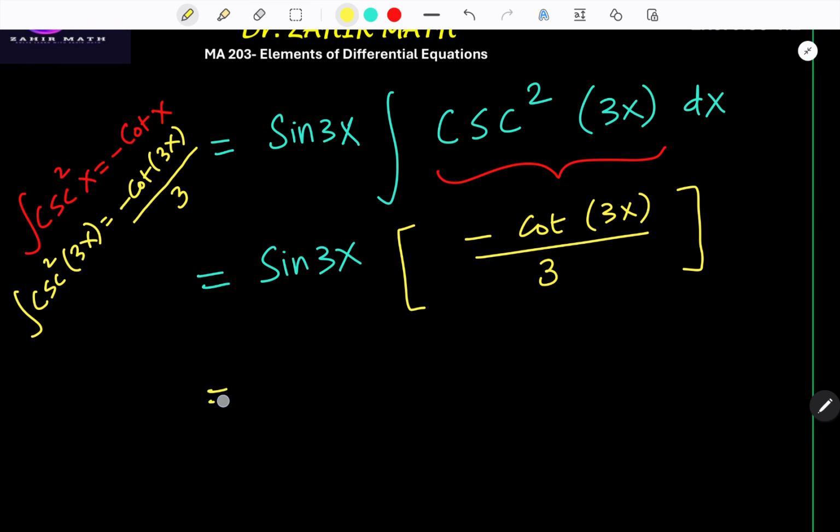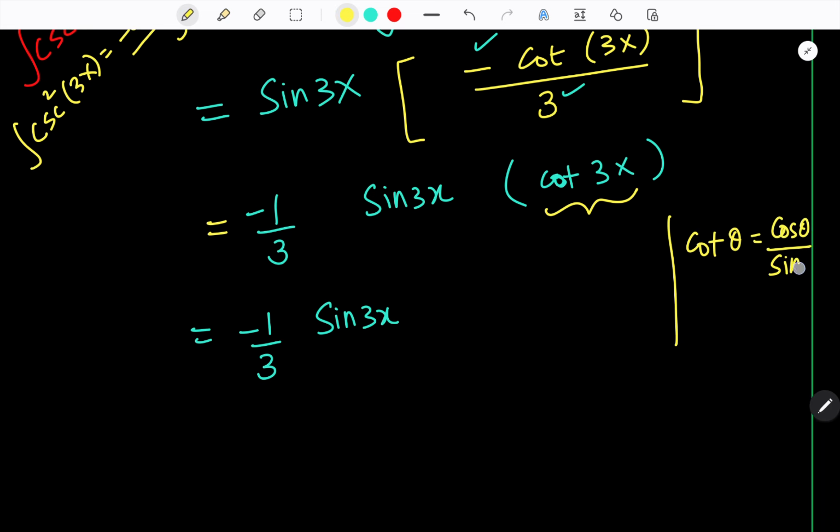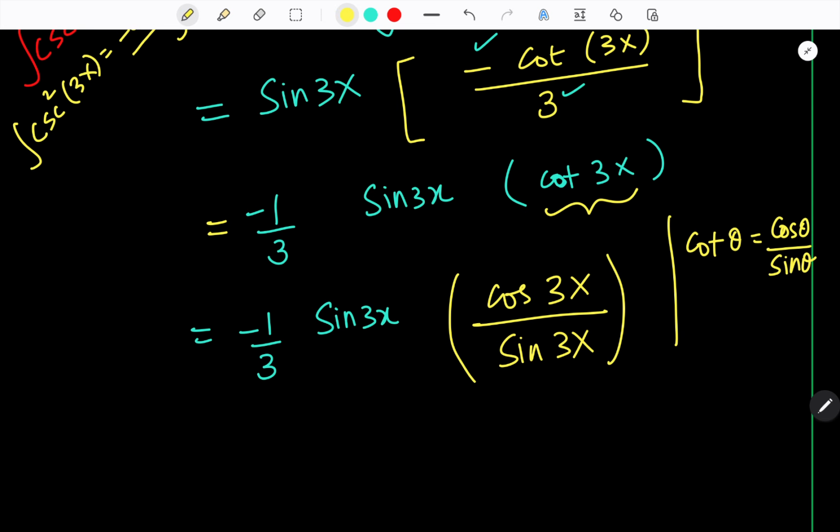So I will take the minus 1 by 3 out. So this is sine 3x and then cot 3x, cotangent. So this equals minus 1 by 3 sine 3x times cot 3x. We can write cot theta is equal to cos theta divided by sine theta, a rule you studied. So this will be cos 3x divided by sine 3x.